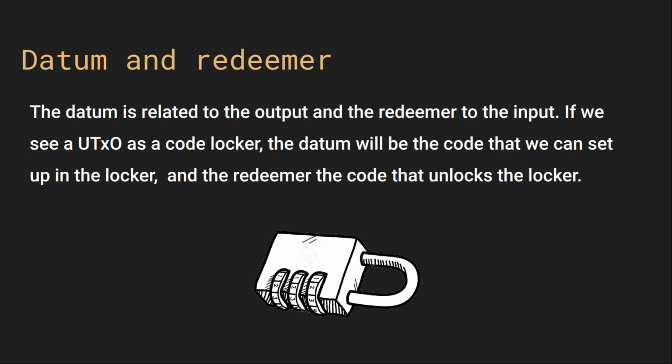That's the key difference between the two. A good analogy is that if we see the UTXO as a code locker, the datum is the code that we set up in the locker, and the redeemer is the code that unlocks the locker.